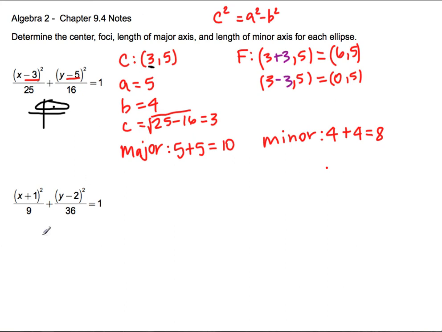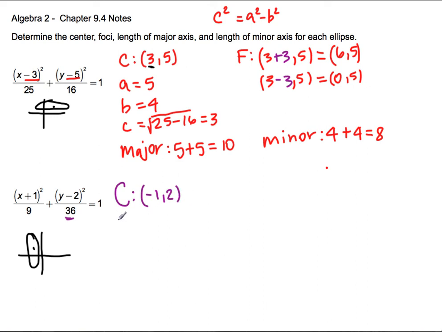Down here on the last one, again, let's look at a real rough sketch. We're centered at -1, 2, and we're stretching this way, up and down. How do I know that? I know that because the number under the y is larger. So my center is at the point -1, 2.